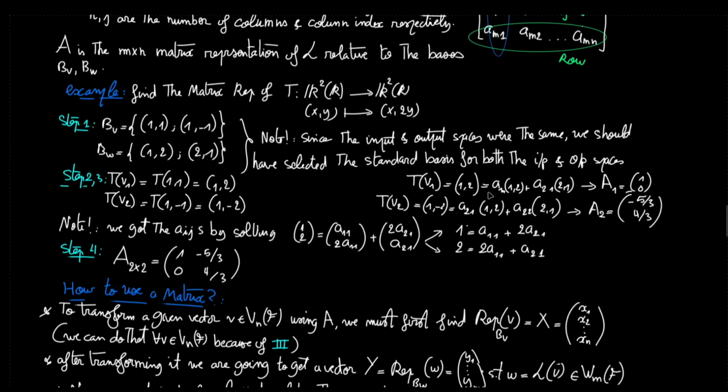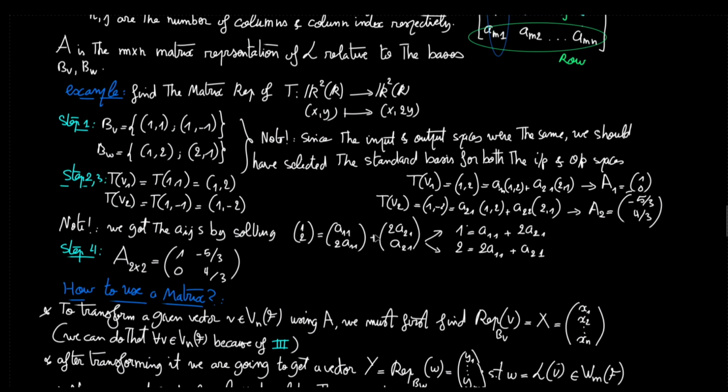So (1, 2) is equal to A11 W1 plus A21 W2. Now, by solving this system of linear equations, you obtain the two coefficients and hence the first column of the matrix. I suppose you know that, as I said already. So this expression is equivalent to this.